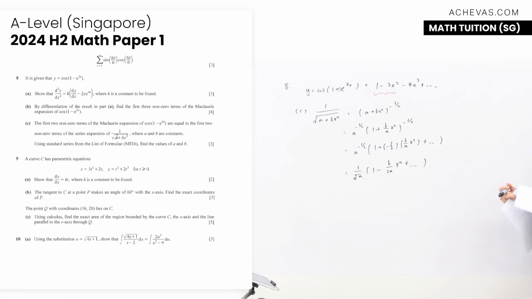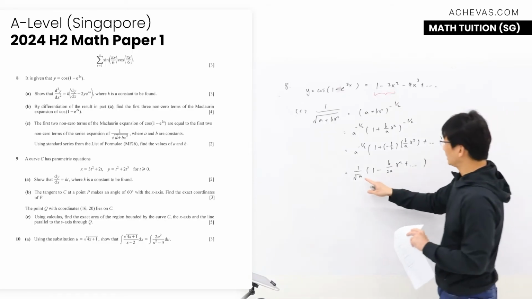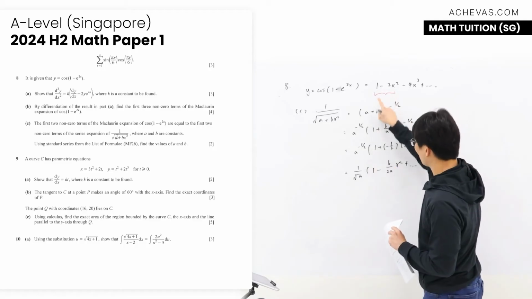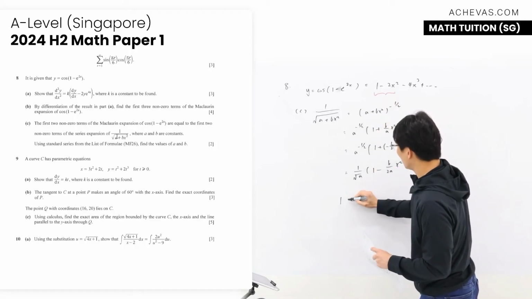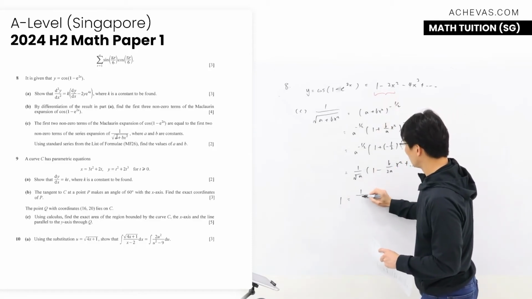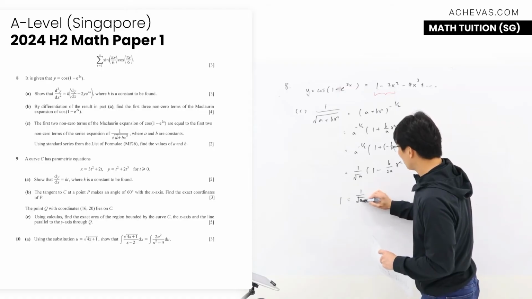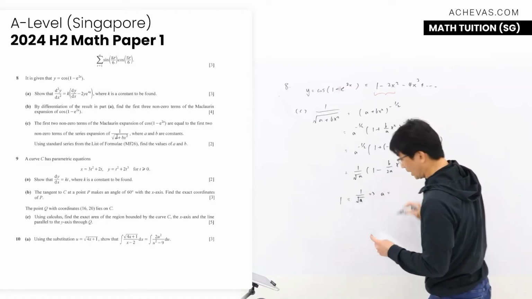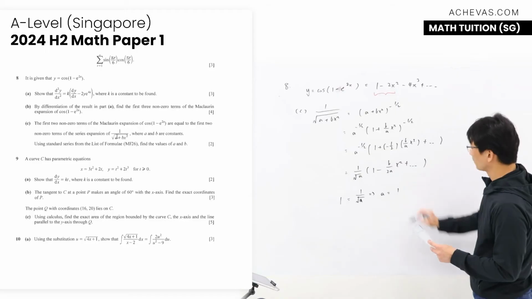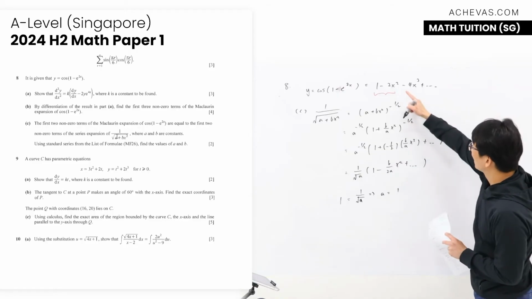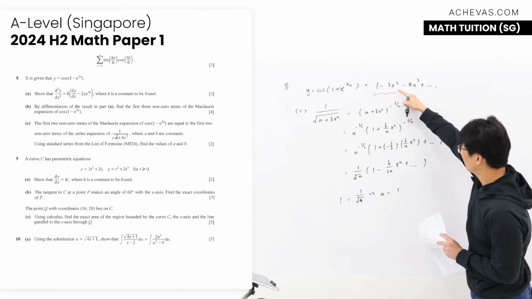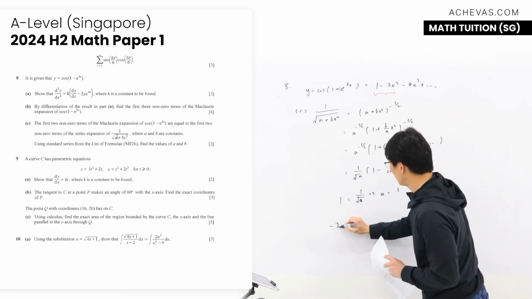Now it's simple to do a comparison. From here, I can see for the constant term, I'll get 1 here. So 1 is equal to the constant term for this one, which is 1 over root a. From here, I can solve for a, which gives me a equal to 1. For the coefficient of the x squared term, here it is minus 2.